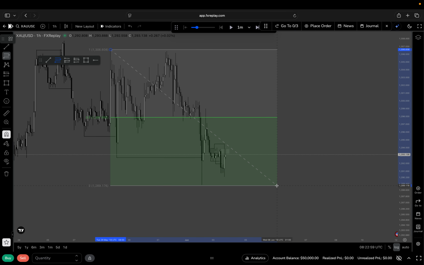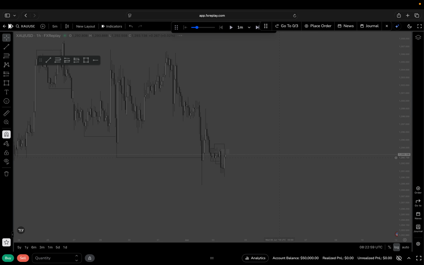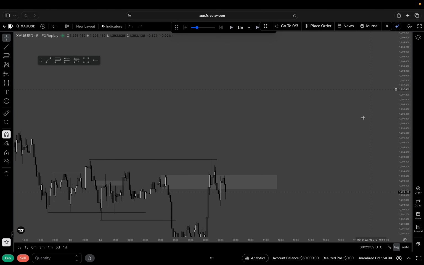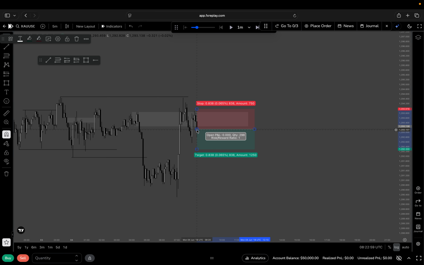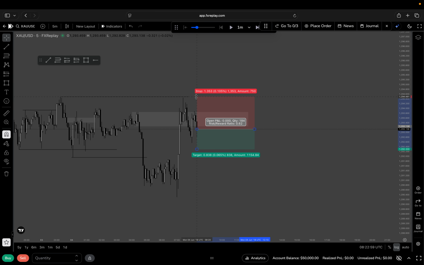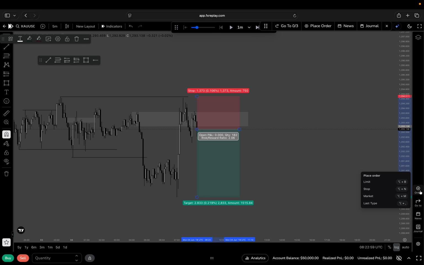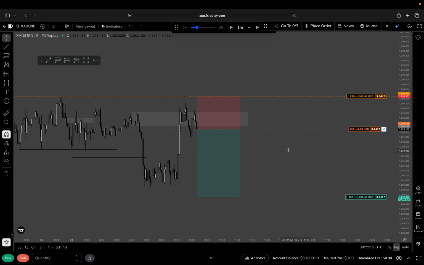We haven't filled equilibrium on this range yet. So buyers could technically still work, but let's just try it. We'll go break even at these lows actually, and see where we go from there. So let's try that. See how we go.